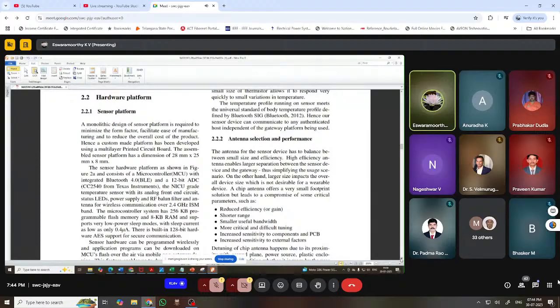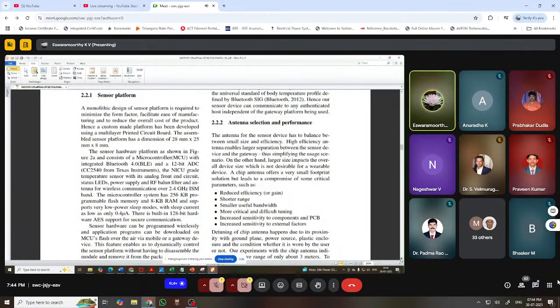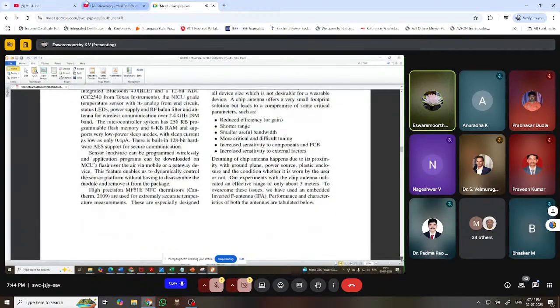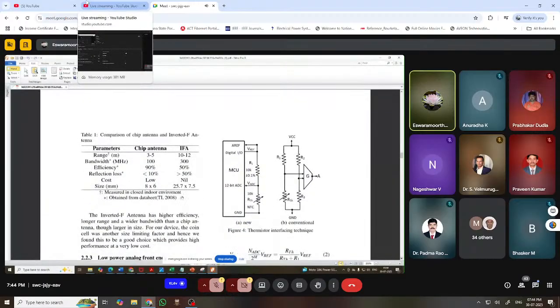So reduced efficiency, shorter range, smaller useful bandwidth, and more critical, difficult tuning. All those things are challenges they have handled, and they have used the inverted F antenna, right? These are the chip antenna and the inverted F. What range in meters they have given, and what efficiency they have given, right?